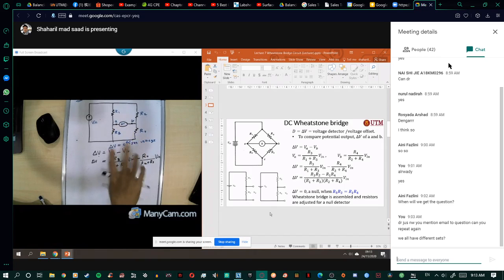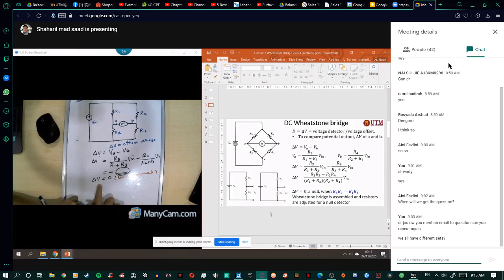We just want to look at the value. Now there is one term: when delta V is equal to 0, we call it null or balance.